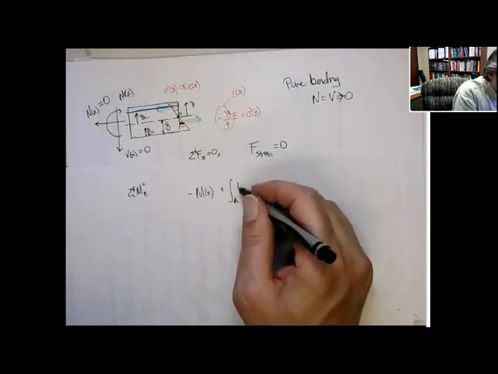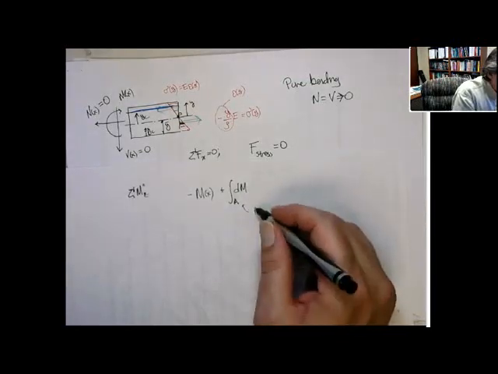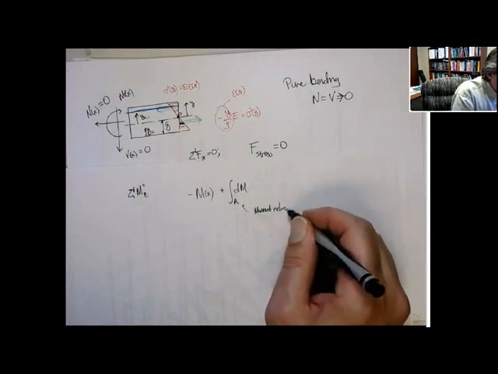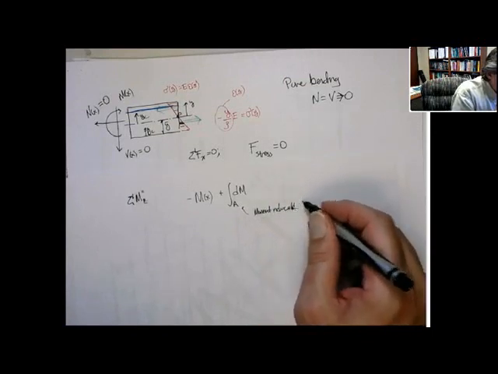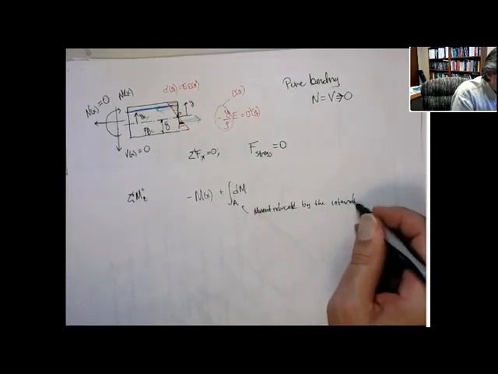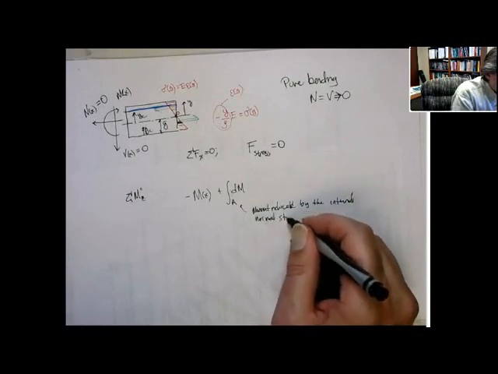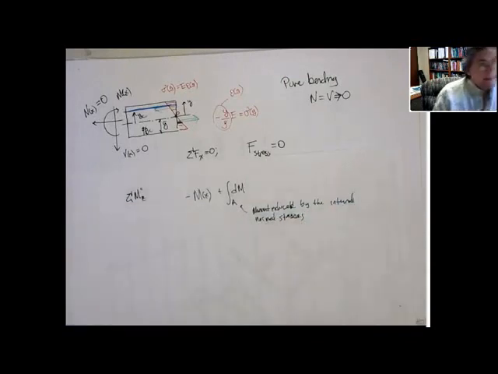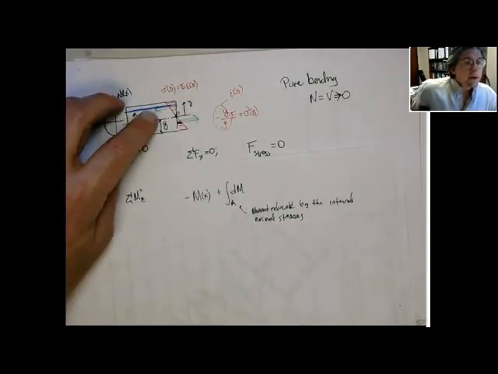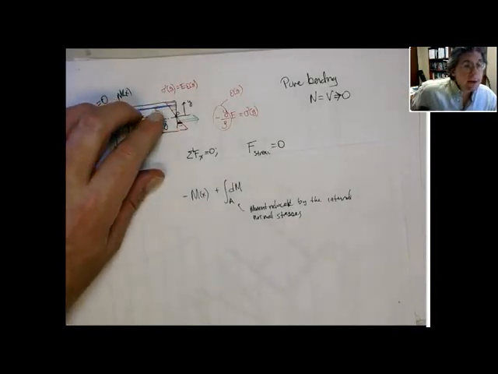So we're going to go over the area. But this is the moment produced by internal stresses. That makes sense, because if you look at it, let's aggregate the tensional stresses at the bottom and the compressional stresses at the top.